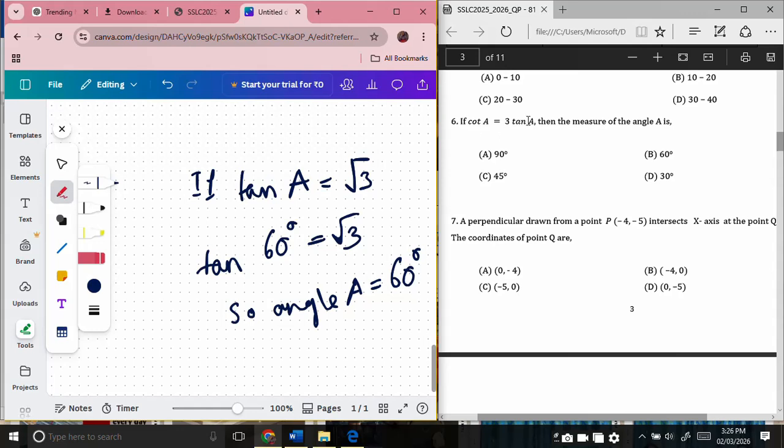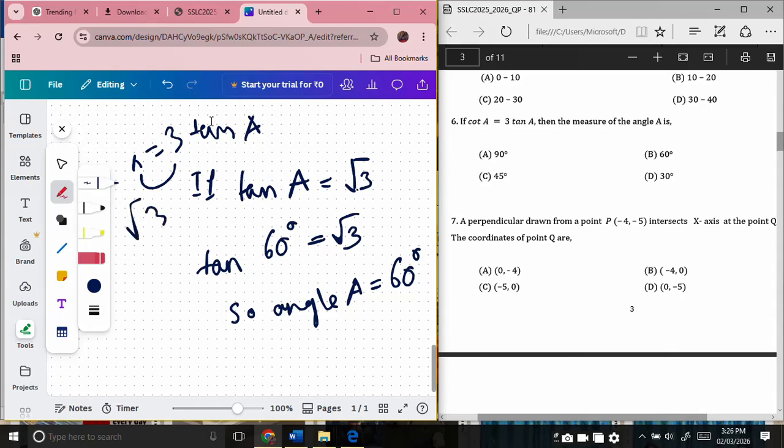See in the question what they have given. Let me erase this one. So tan A equals 3; if this 3 comes to this side, it is going to become root 3, since here it is multiplication.